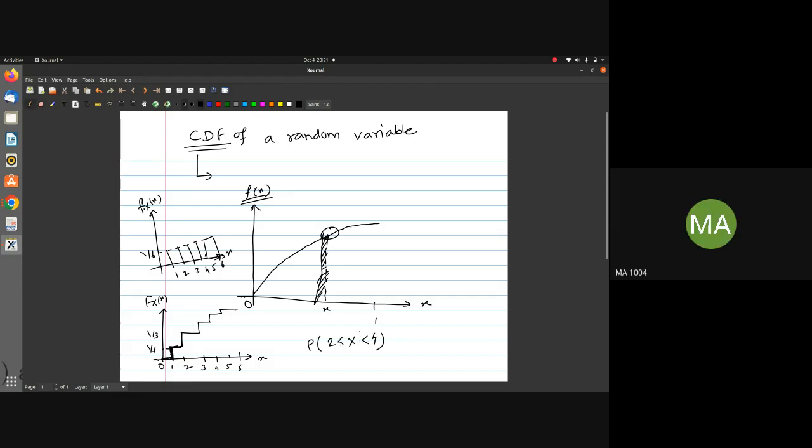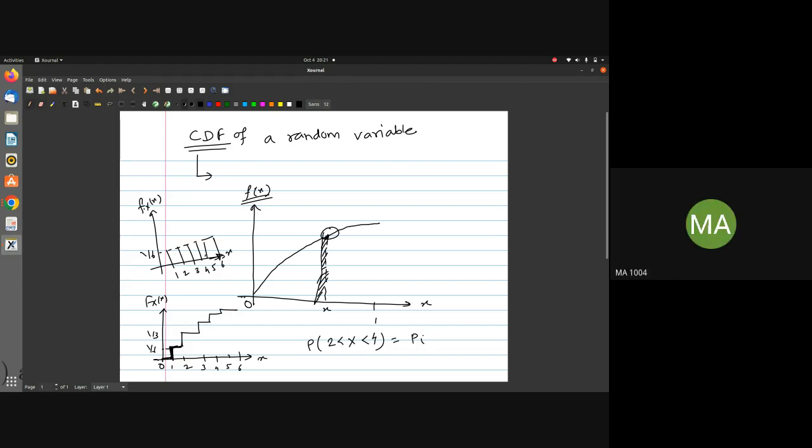So how will you solve this question in the discrete random variable case? Probability of 4 minus probability of 2. So it will be FX of 4 minus FX of 2.